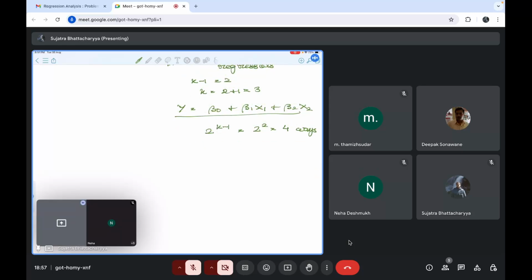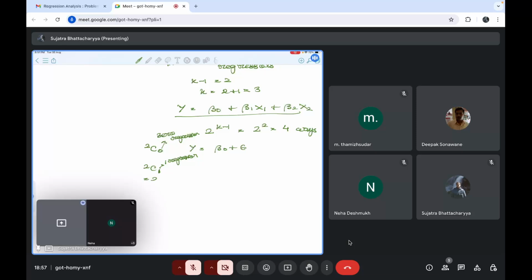So let us see. For no regressors, 2C0, y is equal to beta naught plus epsilon. Right? This is one of the ways. Next is 2C1, which is having one regressor. What can we write here?